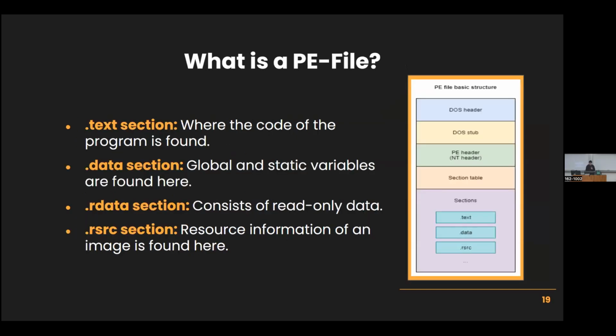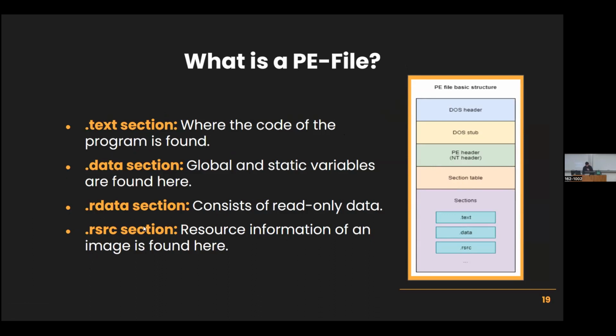And then continuing on with Windows executables. Within Windows executables, we have these different sections called the text section, data section, read-only section, and resource section. This is really important, mainly because DLLs and just general programs that you have on your Windows machine all have these sections.